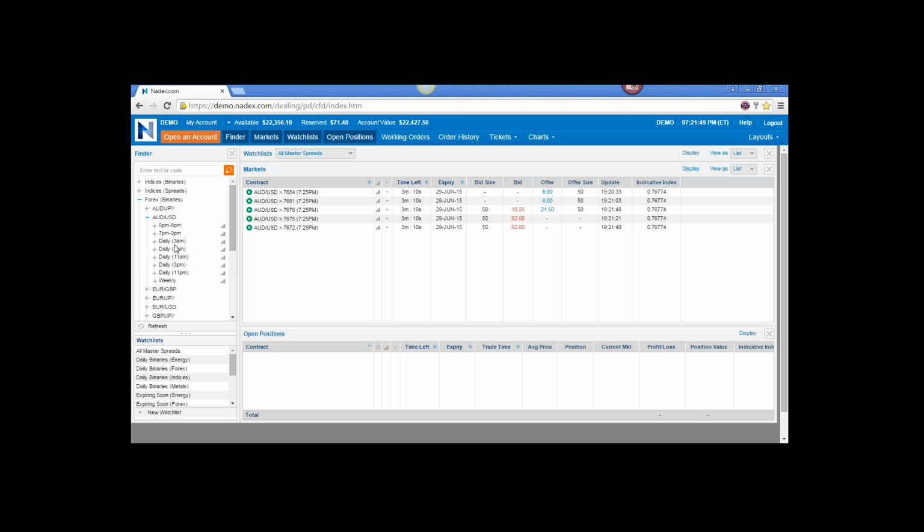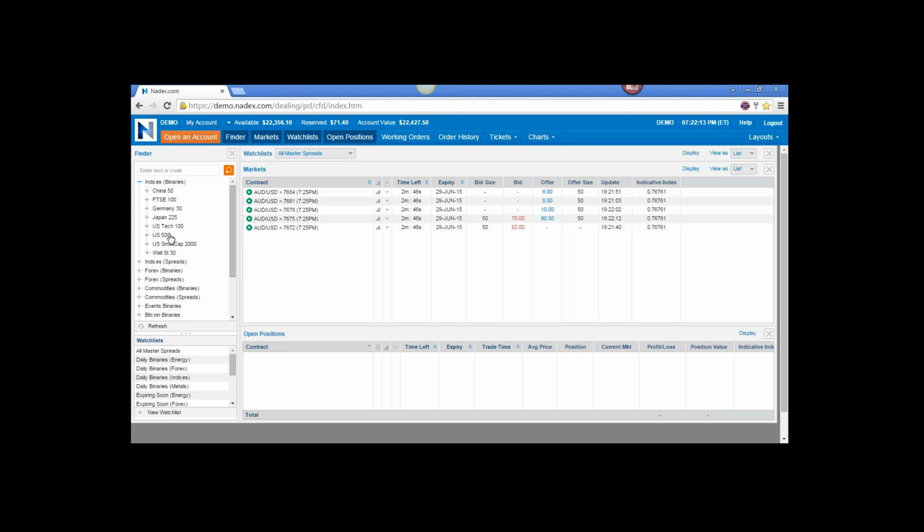During the daytime, not only do you have the 5-minute binaries, your weekly binaries, your daily binaries, and your intraday binary, you also have 20-minute binaries that are offered on the 4 U.S. indices. And what I mean by that is, if you go under indices, binaries here, you've got some of your overseas ones: China, Germany, Japan.